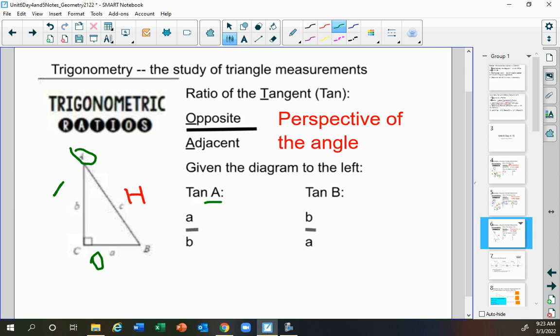And your adjacent to angle A. And then with angle B, it's flip-flop. That's your adjacent side. That's your opposite. But again, it all depends on the perspective of the angle.